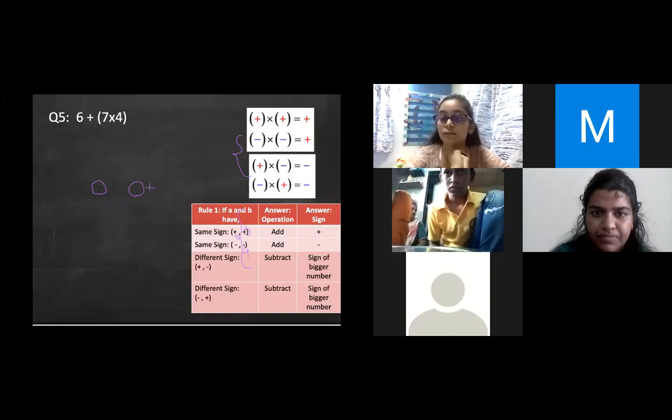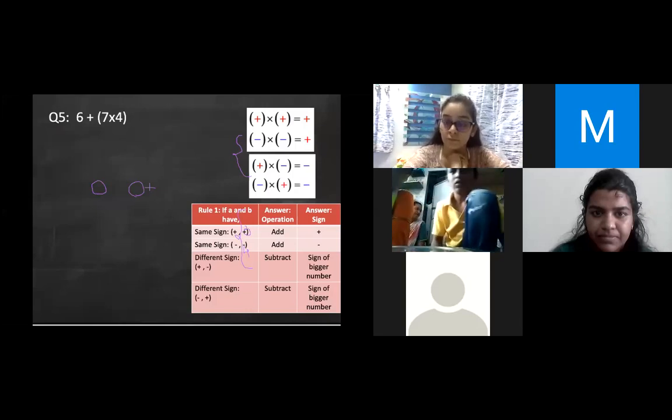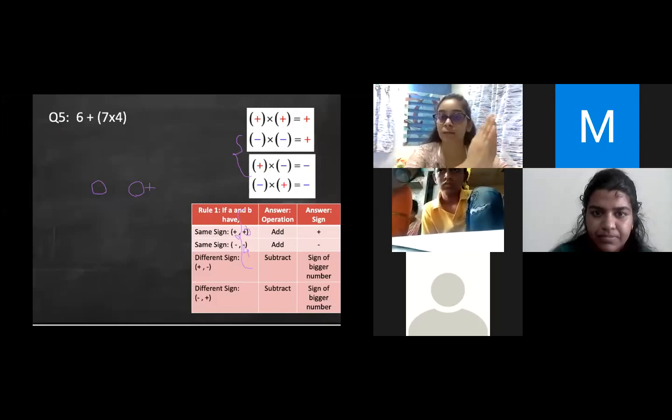So when you read it, how will you read it? 6 plus, bracket, 7 multiply 4. Correct. Very good. So first, whenever you see a sum, you will have to solve the bracket. So first we will focus on 7 multiplied by 4.